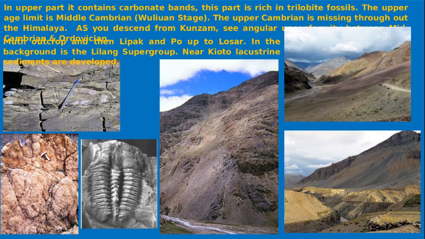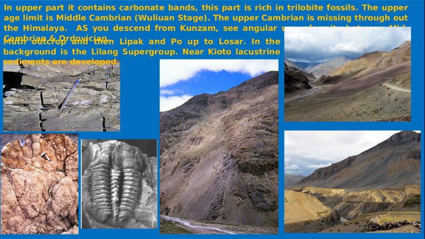So the Cambrian, you see the flaser and lenticular bedding, there's almost a subtidal environment here, and the top part has several dolomitic limestone beds, which are fossiliferous, which have yielded trilobites besides some brachiopods.